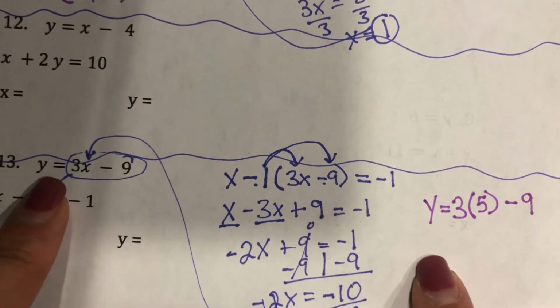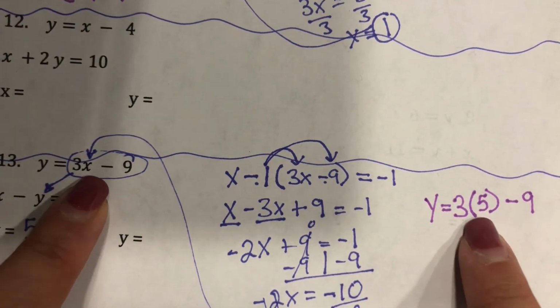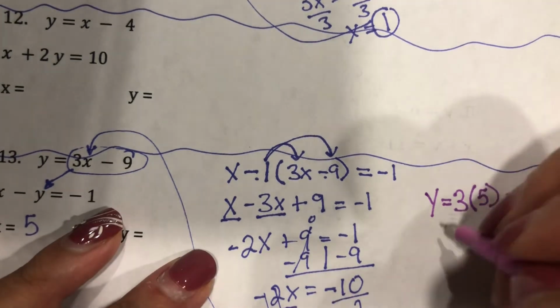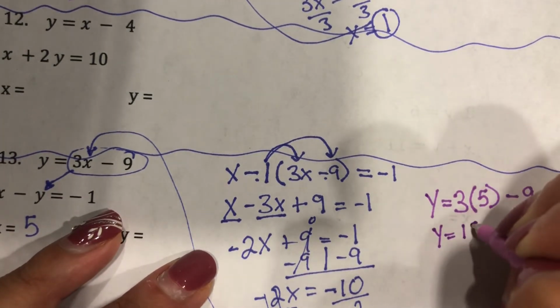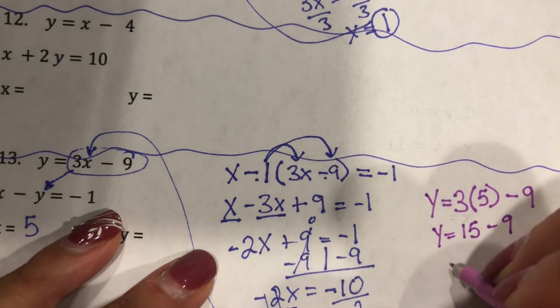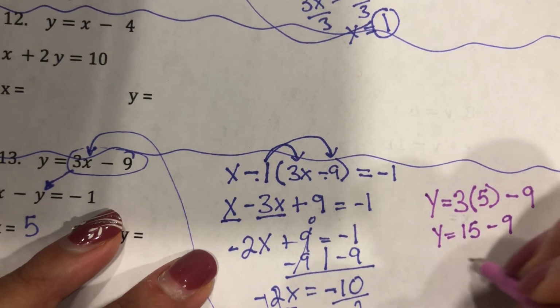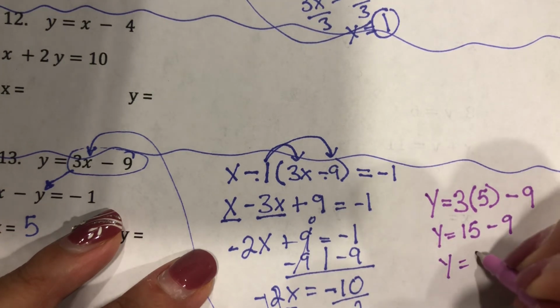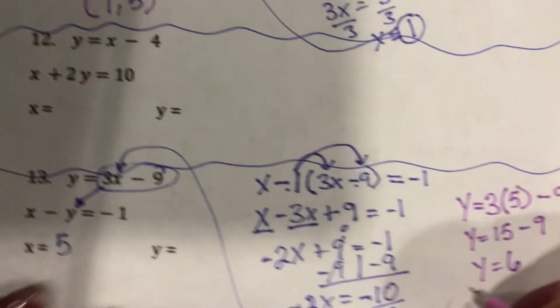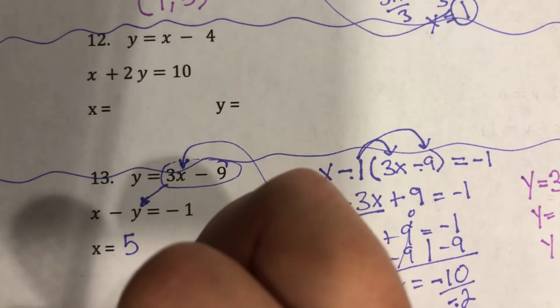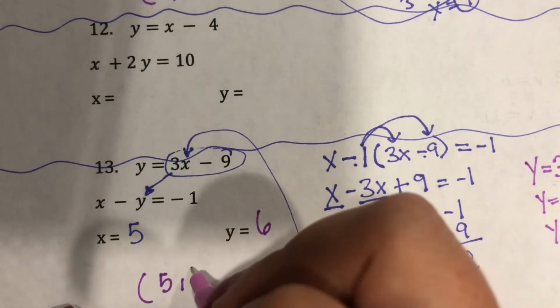All right, so y equals 3 times x, x is 5, minus 9. 3 times 5 gives me a 15, minus 9. So y equals 15 minus 9 is a 6. So then this is 6. So my solution, it's a 1 solution, and it's 5, 6.